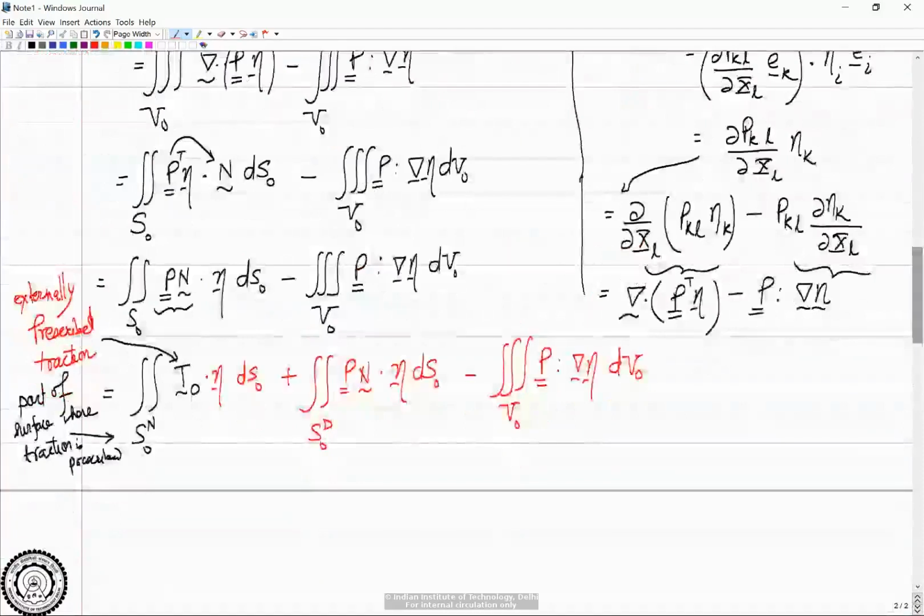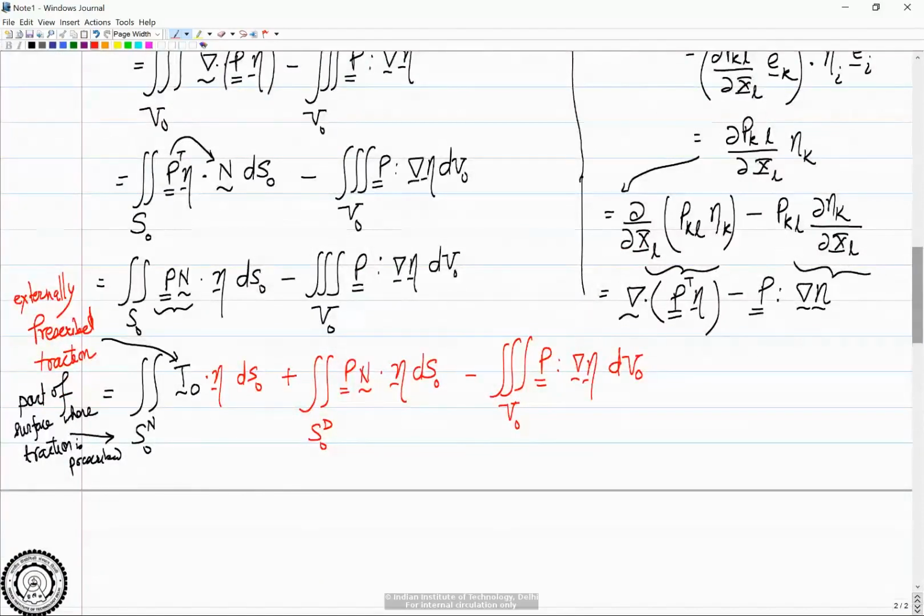Yes, what is 0? Because on the Dirichlet surface, we are not defining any traction. But from the outside, will there be action? There will be a reaction traction, because the body is fixed.